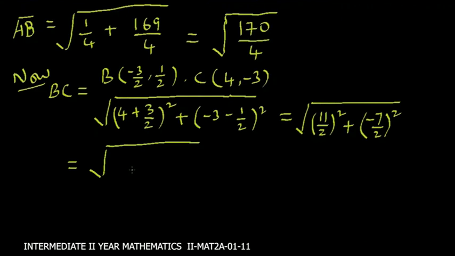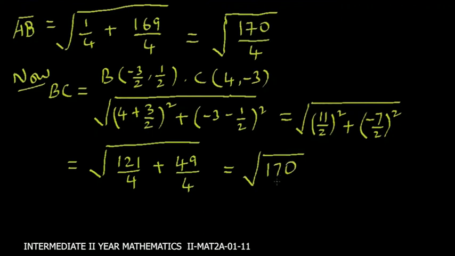This is 11 square, 121 by 4, and 7 square is 49 by 4. That is equal to 121 plus 49, which is 170 by 4.